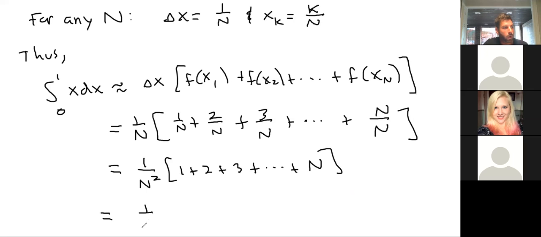And then this is 1 over n squared times n times n plus 1 over 2, which of course simplifies to n plus 1 over 2n.